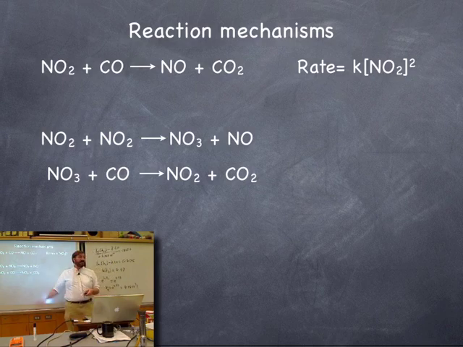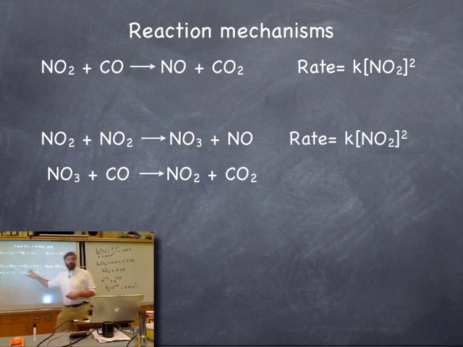Elementary steps are steps where the molecularity, the number of molecules reacting, the stoichiometry, is the same as the order of the rate law. So here, for this reaction, I have two nitrogen dioxide molecules reacting. The rate law is NO2 squared.